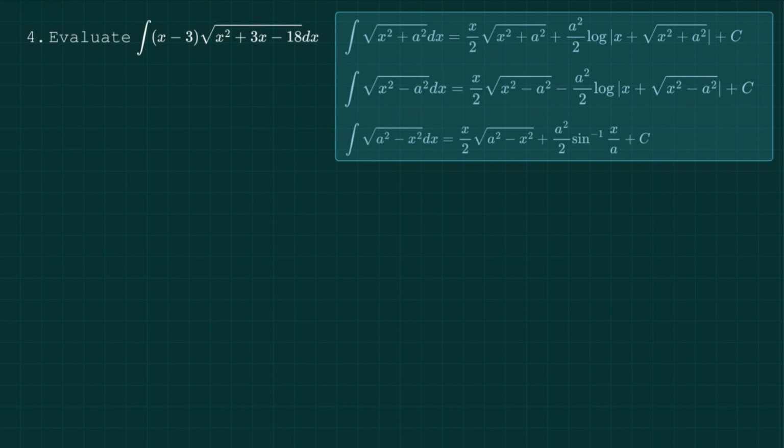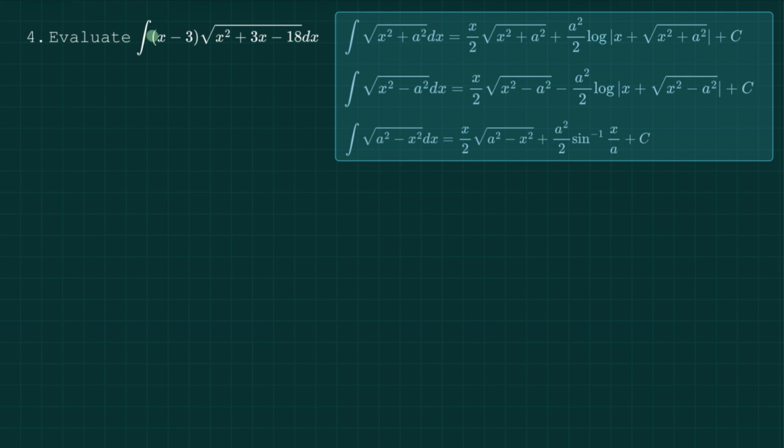Question 4. Integrate x minus 3 into square root of x square plus 3x minus 18 dx. Now this is in the form of linear into square root of quadratic. So here also we will try to split this integral into two parts by assuming this linear equals a into derivative of this quadratic plus b.